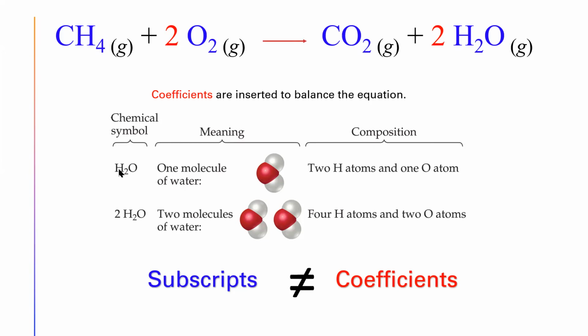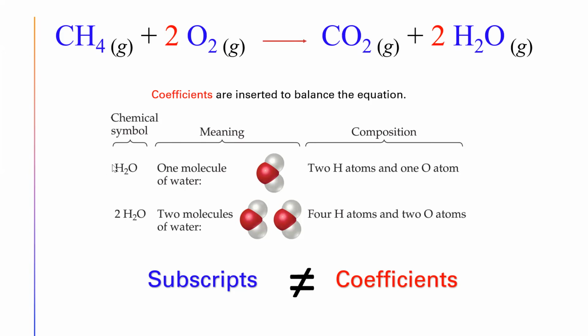For example, this is H2O. It means we have two atoms of hydrogen and one atom of oxygen. And this is different from 2H2O, which means we have two molecules of H2O.